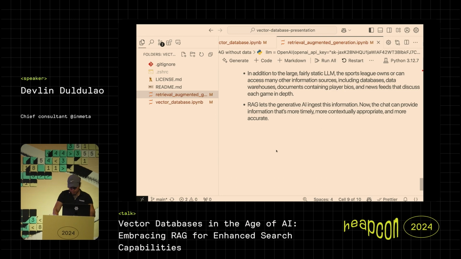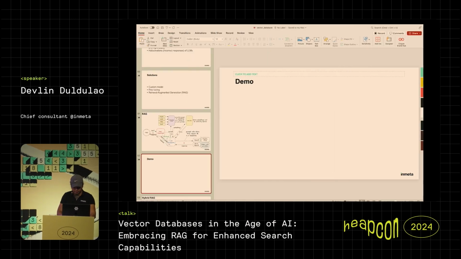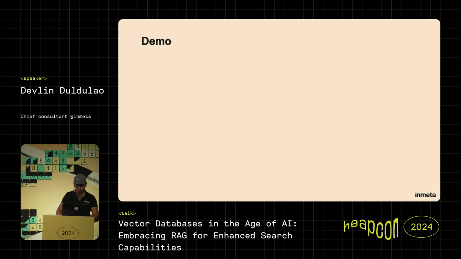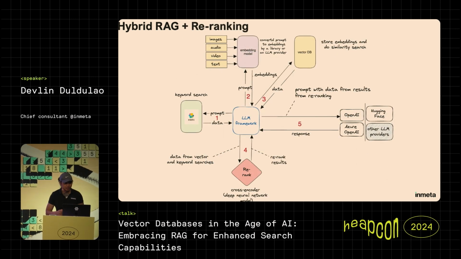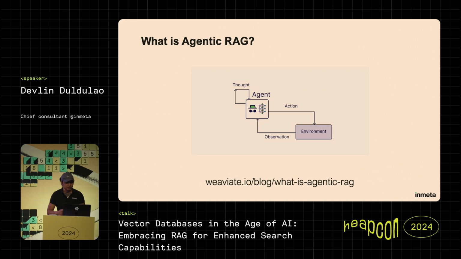Let's move to the slides to finish this off. You can combine it with keyword text search like Elastic to make it more accurate, because sometimes you're searching for emails or numbers. Hybrid agentic is new, and I would highly encourage you to do this.